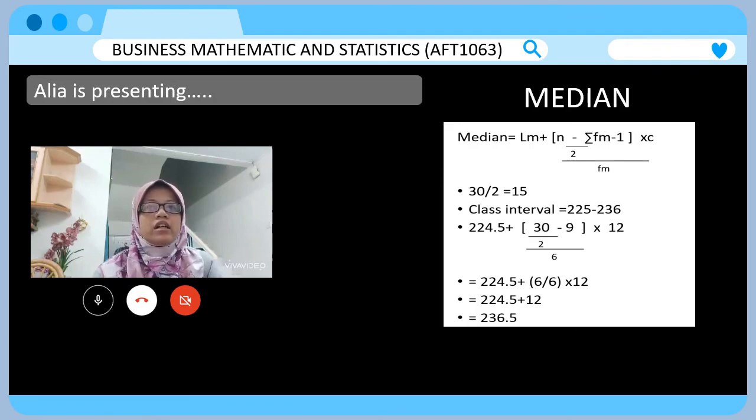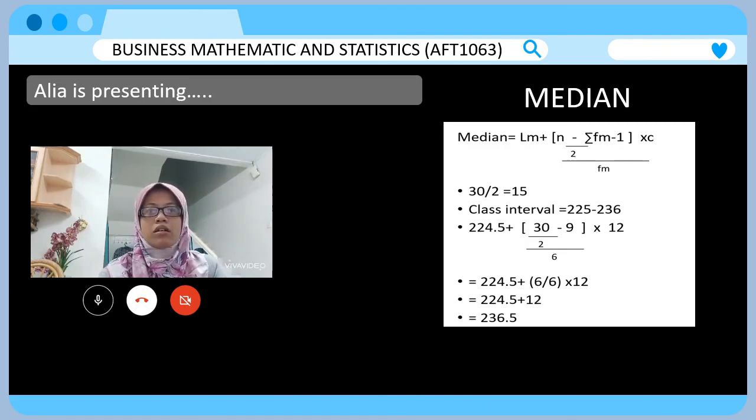The total frequency is 30, divided by 2 is 15, and the class interval for the median is 225 to 236.